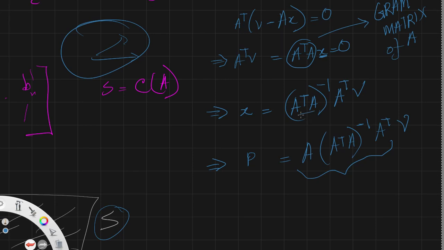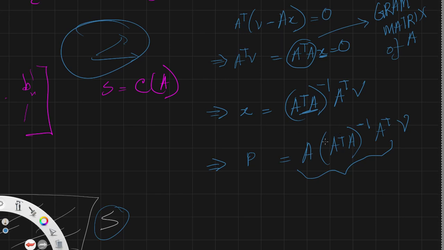By the way, how do we know that A transpose A is invertible? We just did an inversion here. How do we know that this is invertible? There is a proof that you can find in the book. The proof is also given in the lecture note prepared by MZH.